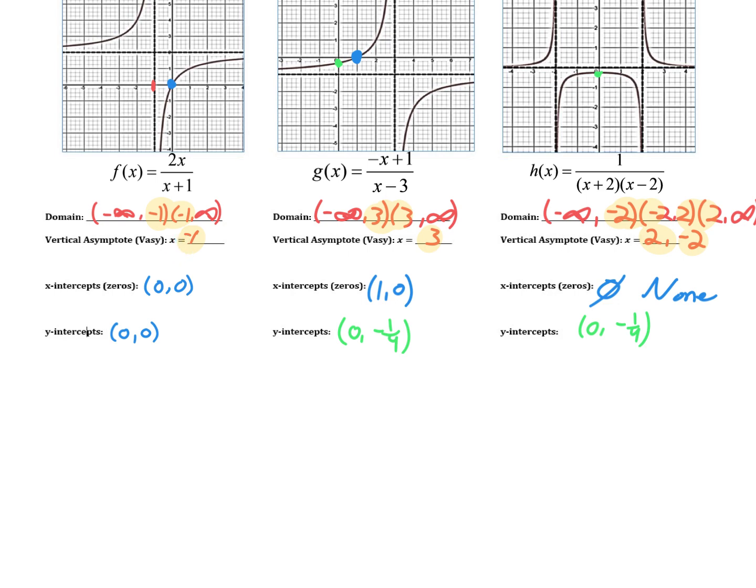Something weird happens at -1. Well, if I look at the original function, -1 is where I'd get a 0 in the denominator. So that might have something to do with it. That denominator is going to result in vertical asymptotes, and vertical asymptotes will result in domain restrictions.